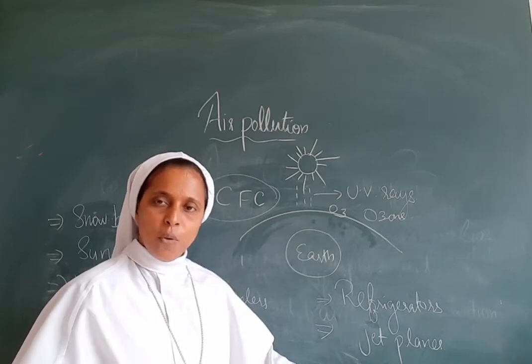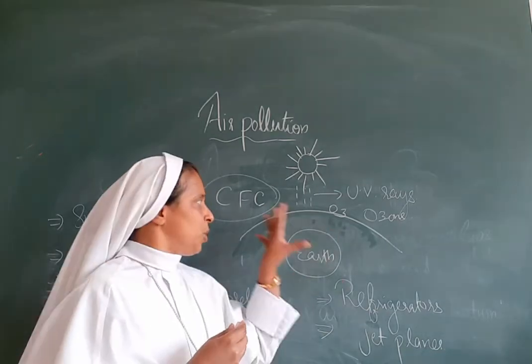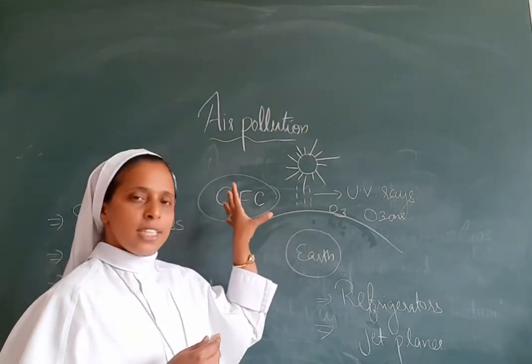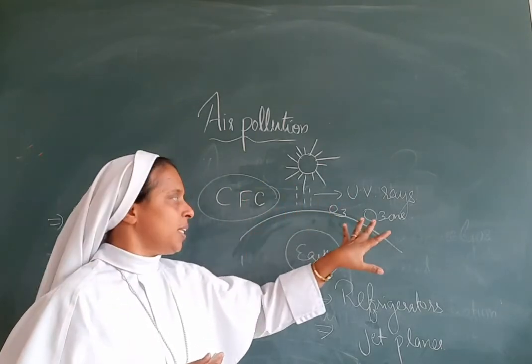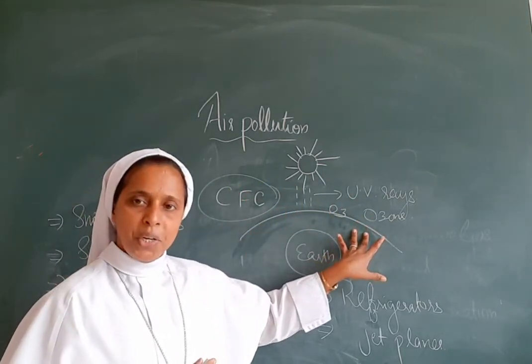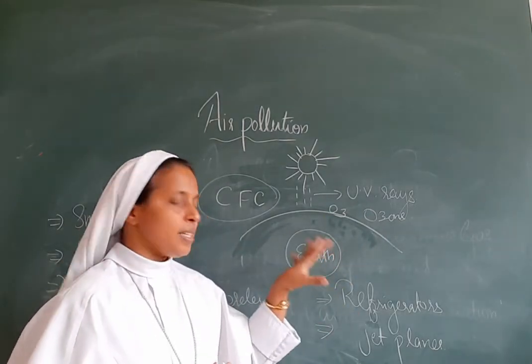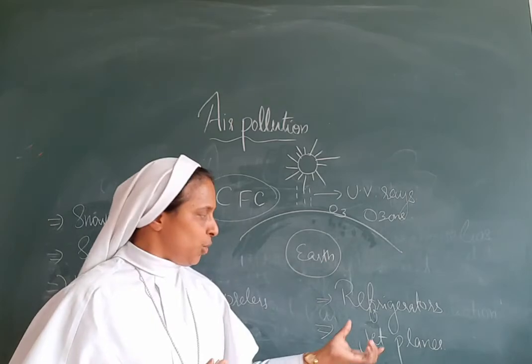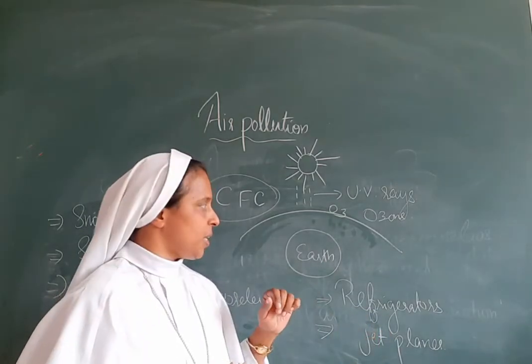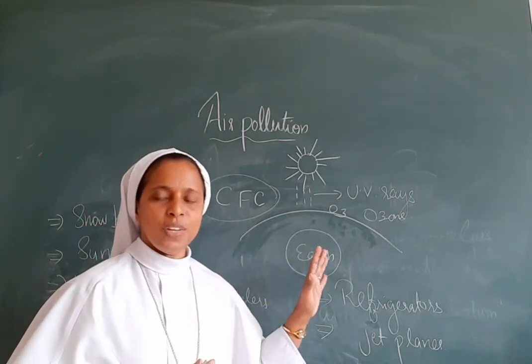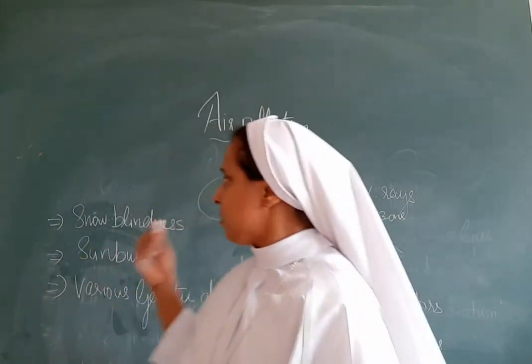If the CFC is more in the atmosphere, what happens? The depletion of ozone takes place, and due to that, UV rays will reach us and we will get many sicknesses. So nowadays other gases are being used in refrigerators and jet planes.